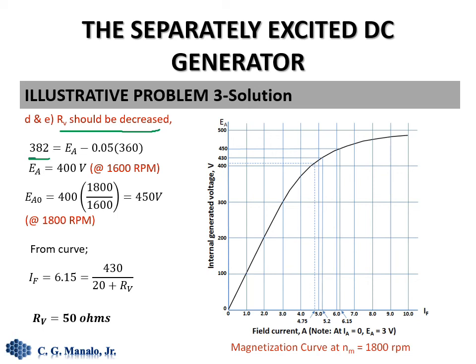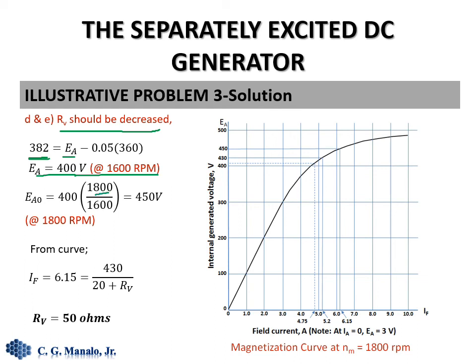we use the KVL equations again, and this time we let V sub t equal 382, and compute back for the value of E sub A, and that should give us 400 volts. However, we're dealing with a machine that runs at 1600 RPM, and we need to normalize it to 1800.